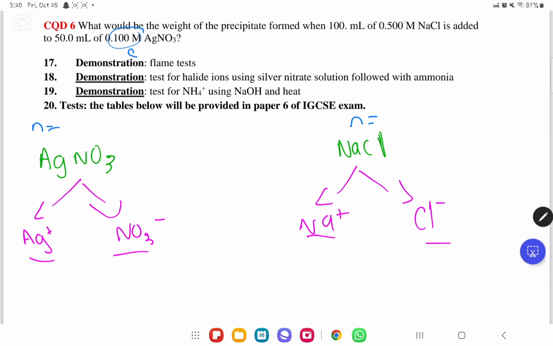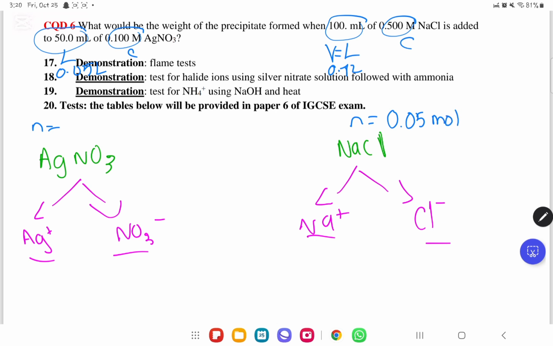So molarity means concentration, so let's denote it as C. So the molarity or concentration C multiplied by the volume in liters, okay? So to change 100 milliliters to liter, we're gonna divide by 1,000, we get 0.1 liter, and then here we get 0.05 liters, okay? So now to find the number of moles, we're gonna do 0.1 times 0.5. So the number of moles of NaCl is 0.05 mole. Okay?